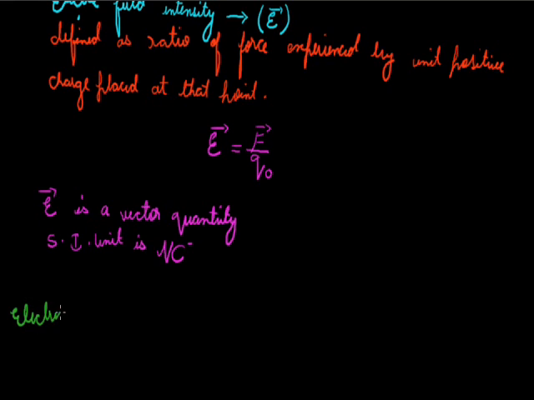Electric potential. Electric potential is a quantity which determines the flow of charge. Likewise, we know that water always flows from a higher level to a lower level.